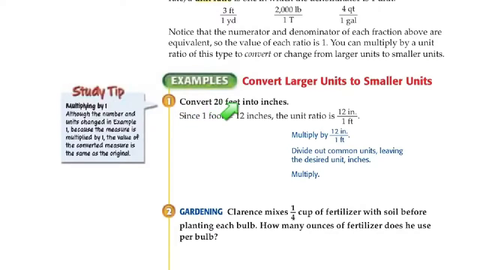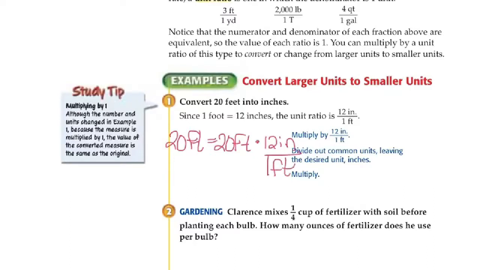Convert 20 feet into inches. Since 1 foot equals 12 inches, the unit ratio is 12 inches to 1 foot. Okay? So we would multiply by 12 inches. So we would do this. Okay, 20 feet equals 20 feet times 12 inches over 1 foot.